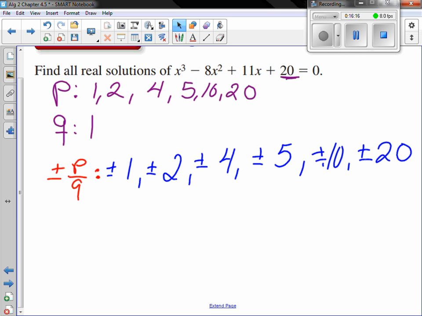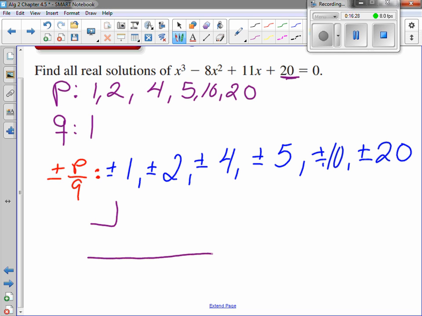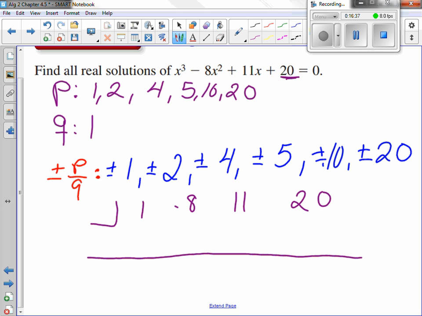Now, if we were doing this by the pure math book definition, I would start out with positive 1. So we can do that. Set up my synthetic division. And go 1 for x to the third, negative 8 for x squared, 11 for x, and 20. I would drop the first one.